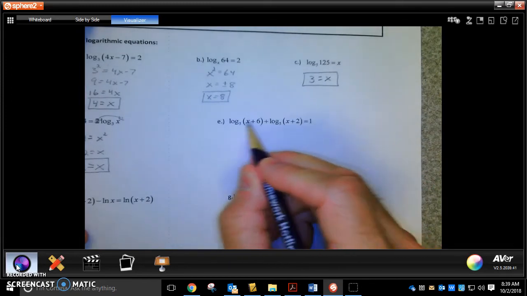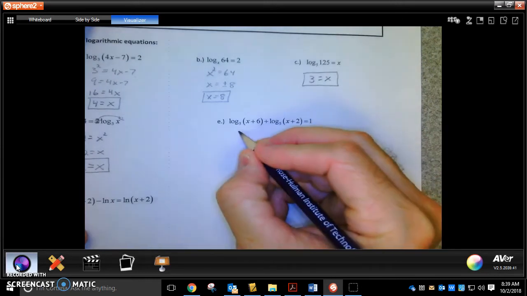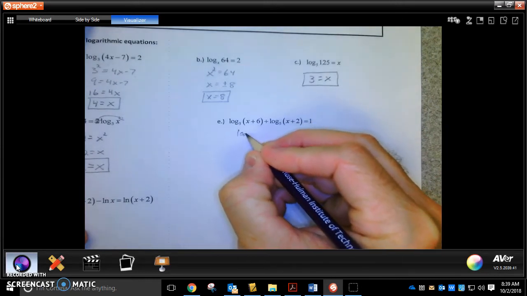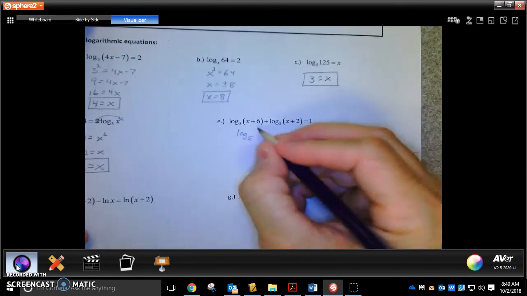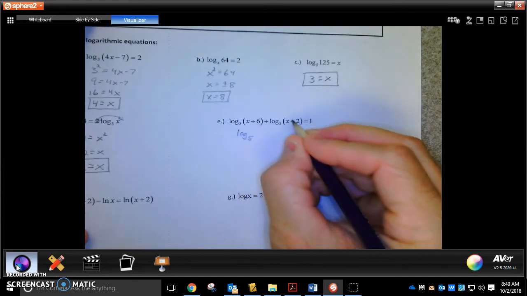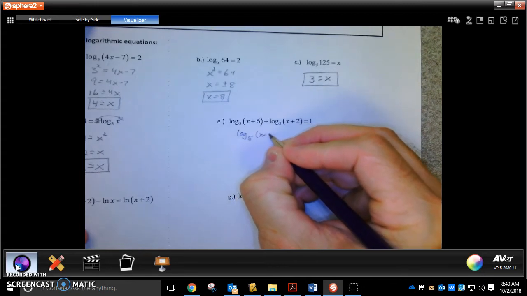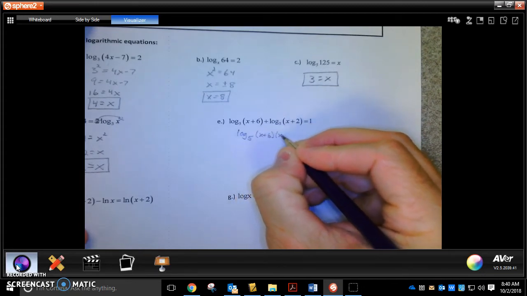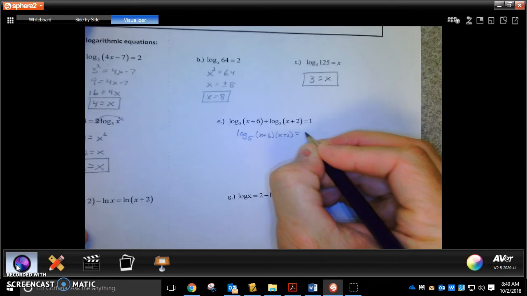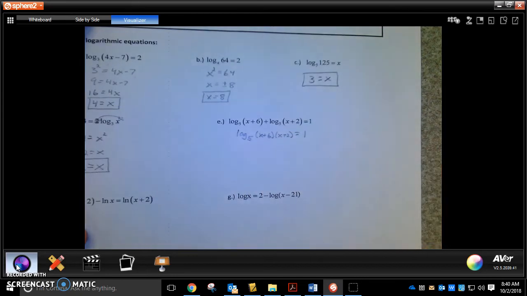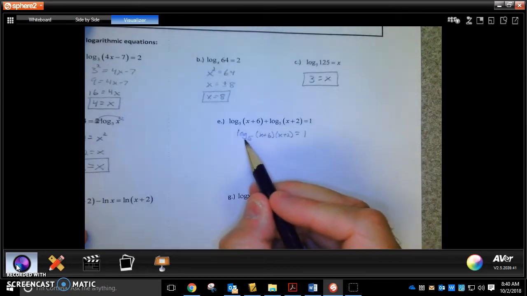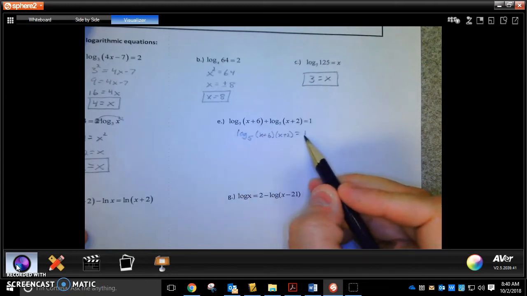So you have two logs that are being added, so I can write them as a single log where the two things that I'm taking the log of are being multiplied. Log base 5 of (x plus 6)(x plus 2) equals 1. Okay, that's why we did that the other day. So now I've got a single logarithm equals some number.